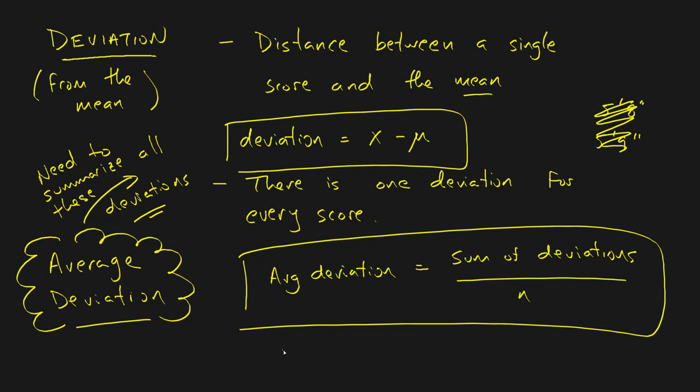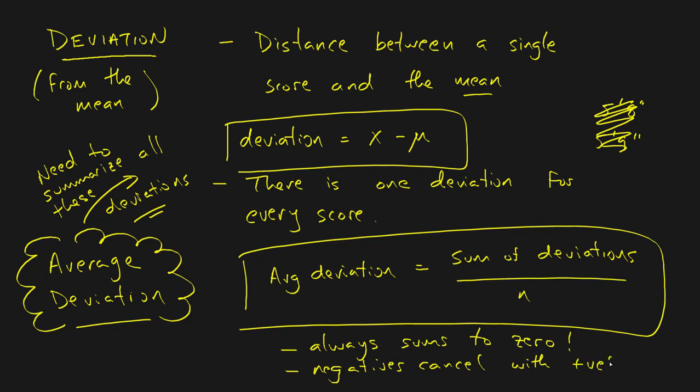However, the problem was that it always sums to 0. That was because the negatives cancel with the positives. Okay, so for that reason, the average deviation did not work as a concept.